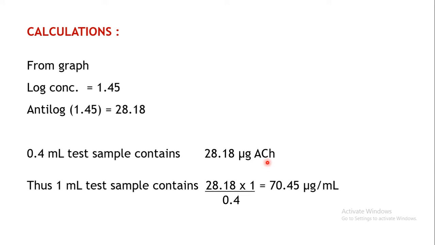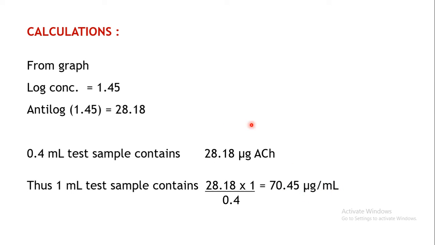From this we can calculate very easily how much of your drug is present in 1 ml. So 1 ml of test sample will contain 28.18 multiplied by 1 divided by 0.4. By simple cross multiplication we easily obtain the concentration of your unknown sample, that is 70.45 micrograms per ml.